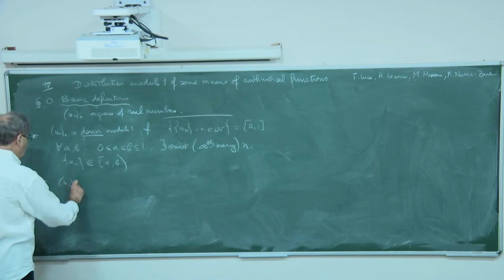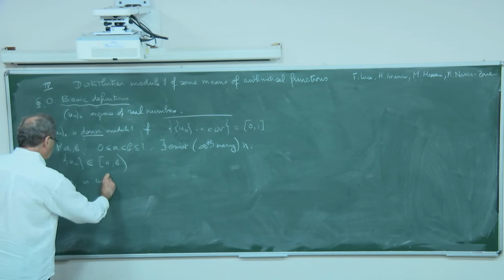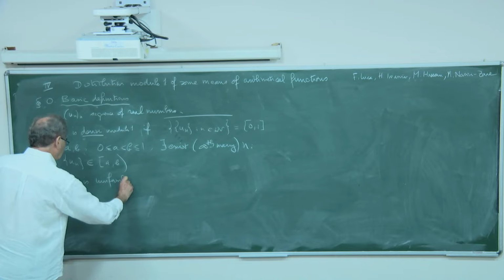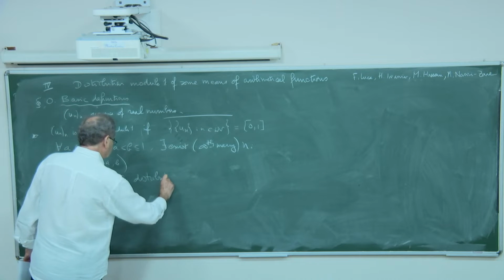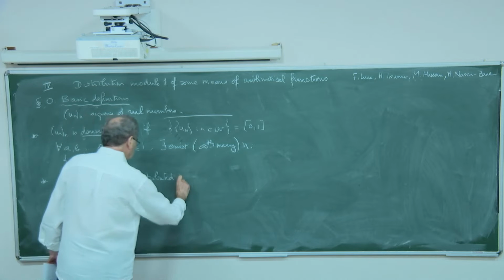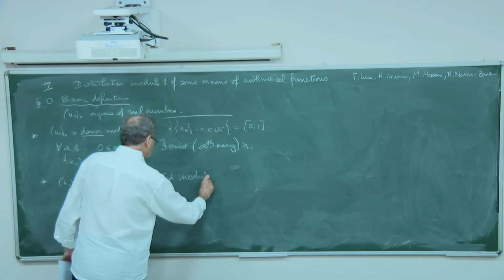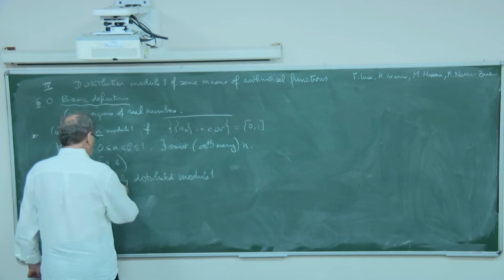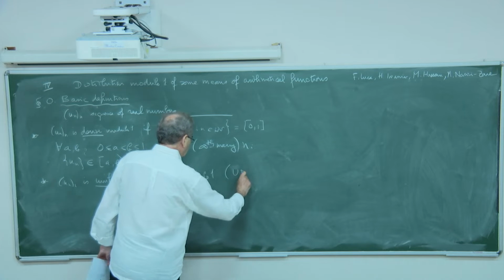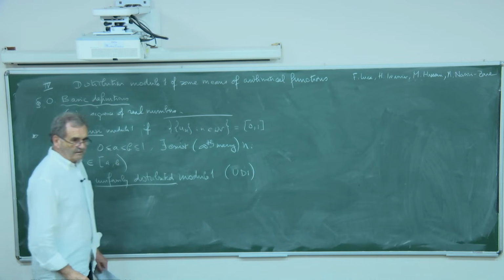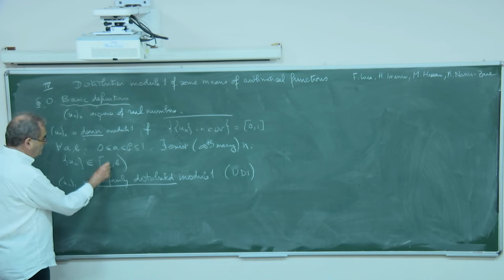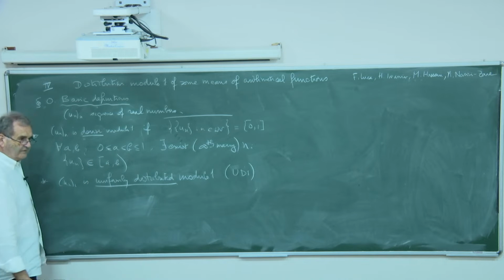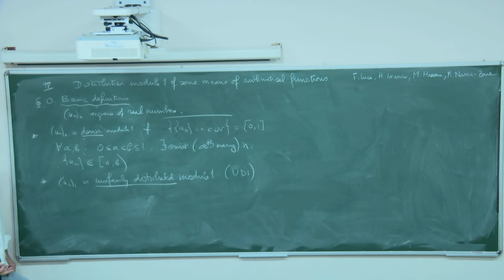And uniform distribution: you say that u_n is uniformly distributed modulo 1, UD1, we're going to write it, if the proportion of elements which fall into this interval is b minus a.